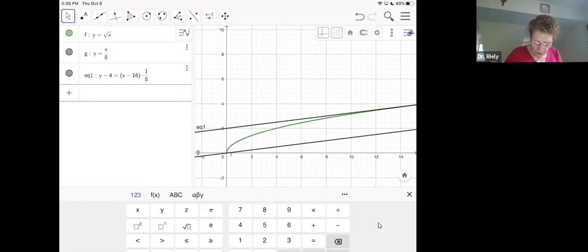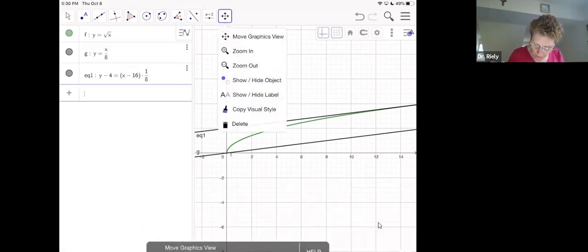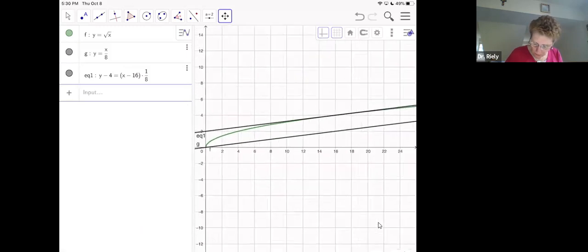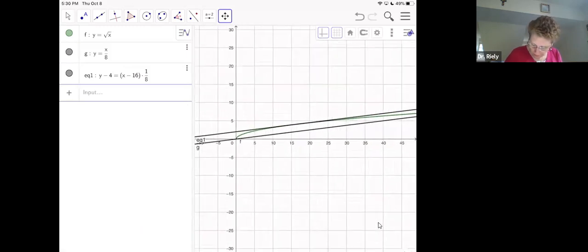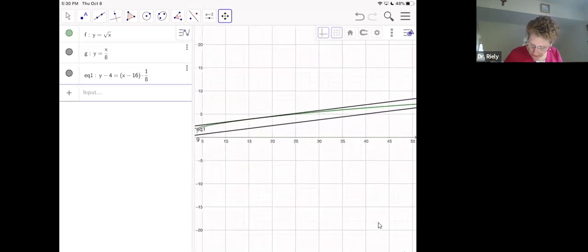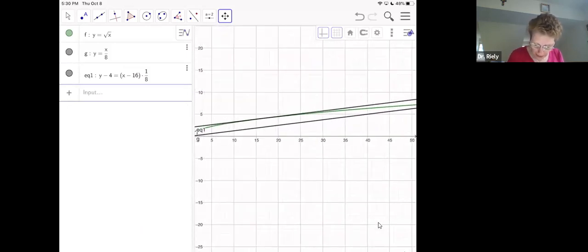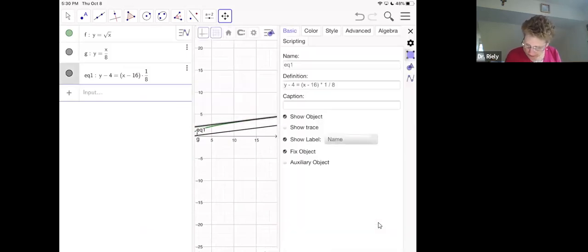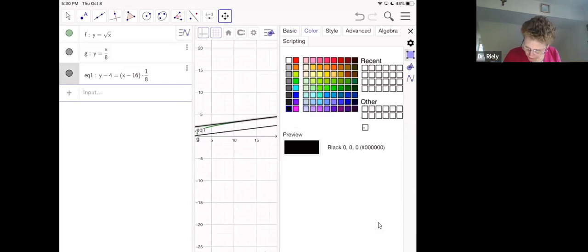If you were to graph, let me just try to move this graph. So I want to move this over into this quadrant. That's what that would look like. So how helpful is that? Let me go to settings and change this color to red.